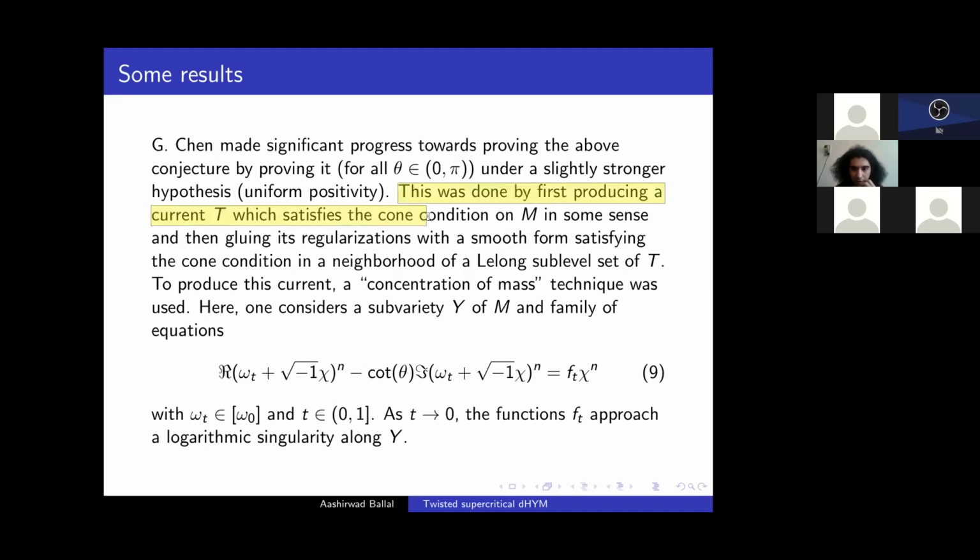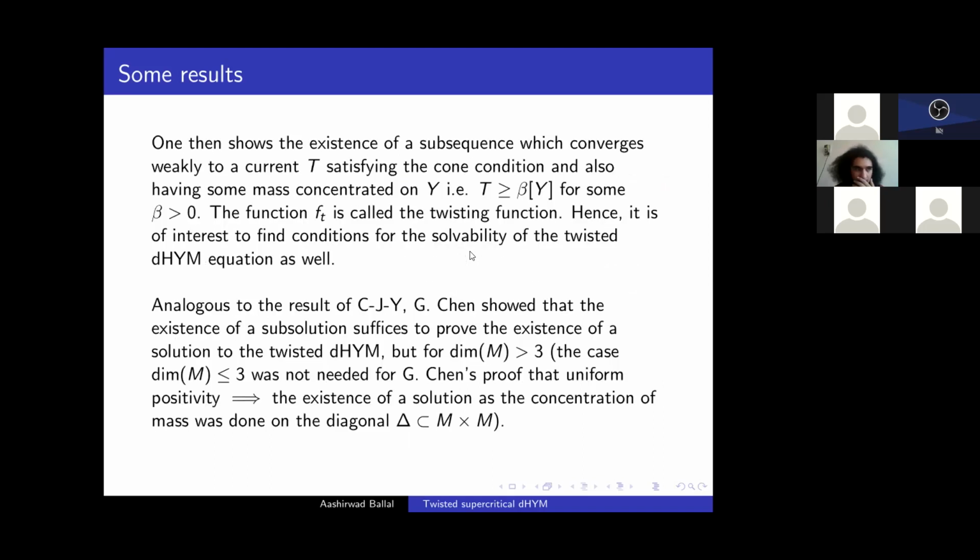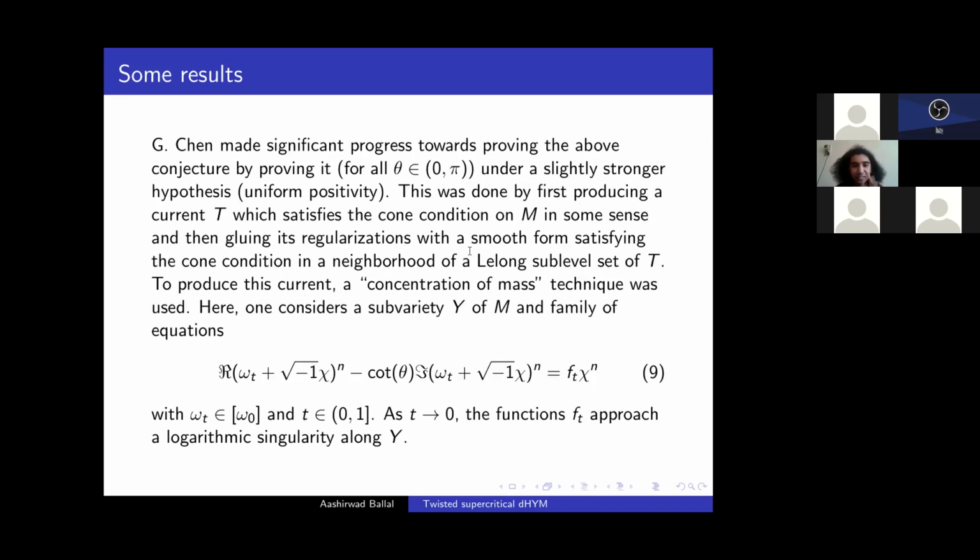Yeah, and the way he did this was, first, as Professor Ved was explaining a bit, you consider the product of M with itself and use a concentration of mass technique to produce a current on M cross M, which has some mass on the diagonal, which means that the current should be greater than some positive multiple of the current of integration along the diagonal.